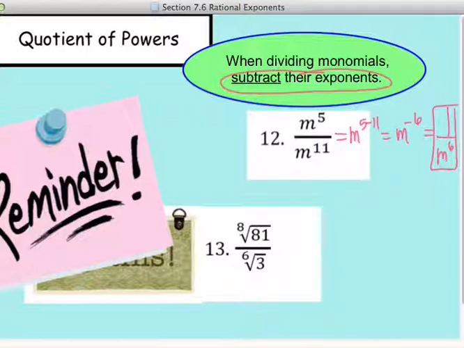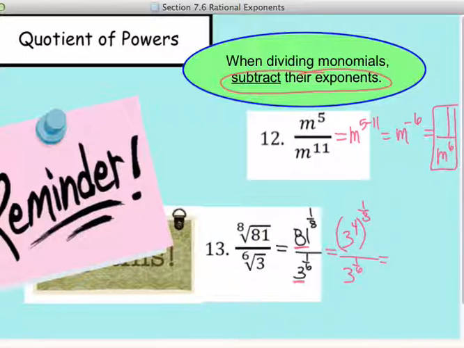So let's rewrite this a little bit. I have the 8th root of 81. So it's really 81 to the 1/8 power, all over 3 to the 1/6 power. Before you subtract, though, our bases must be the same. 81 and 3 are not the same. So I would think, well, 3 to what power gives me 81? 3 to the 4th, if you check, that's 81, to the 1/8 power.